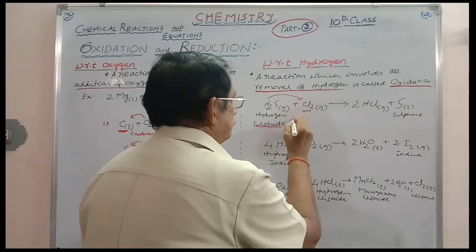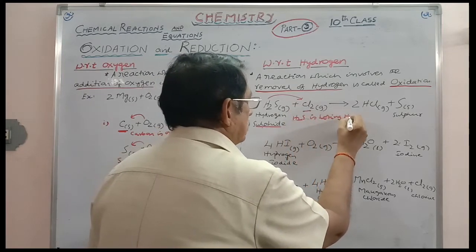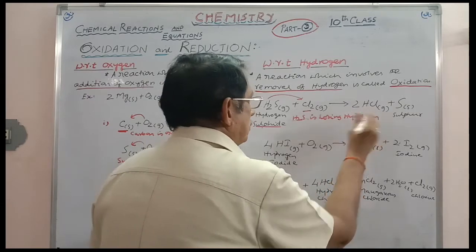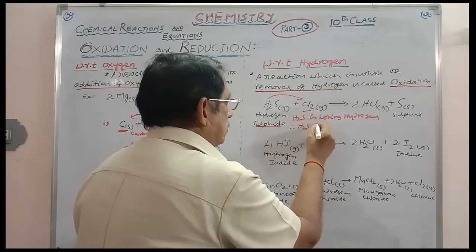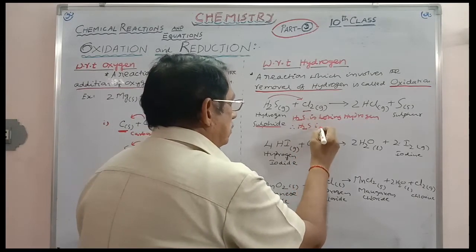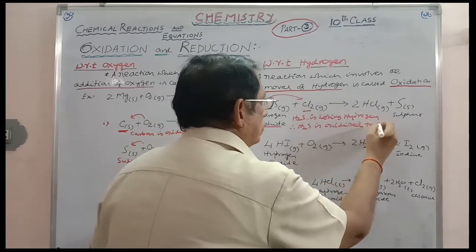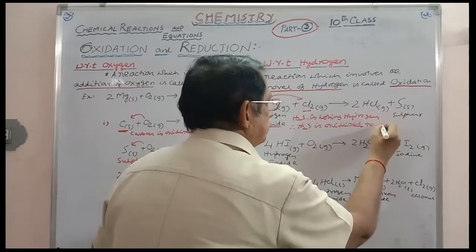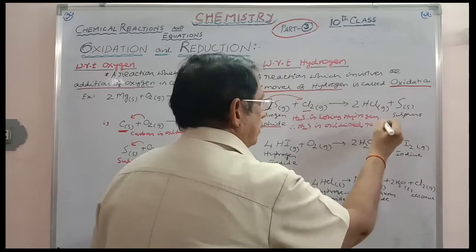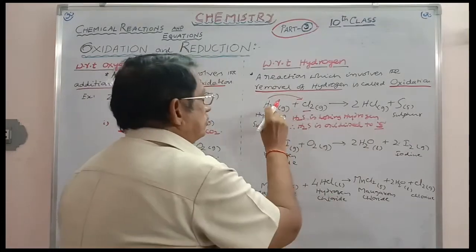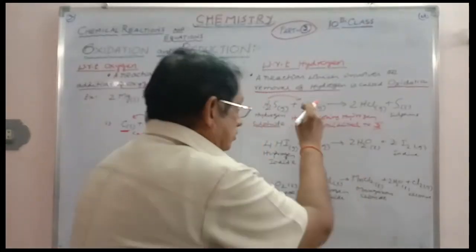H2S is losing hydrogen. Loss of hydrogen is oxidation, and therefore H2S is oxidized to sulfur. Alternatively, you can take Cl2.